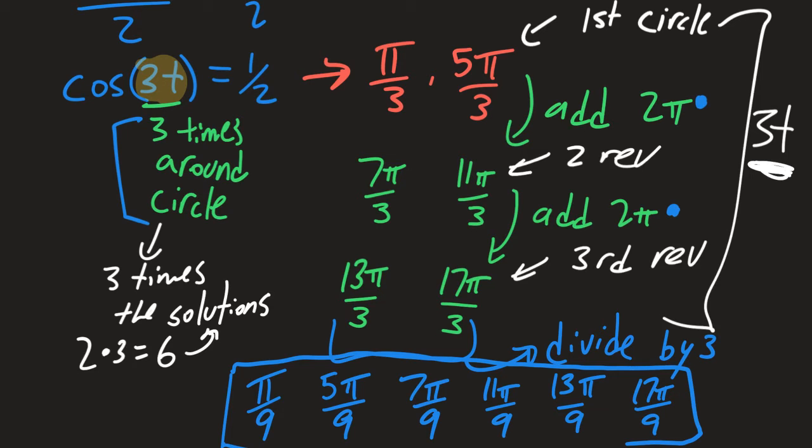All right? Generically, you'll have 2. That 3 triples my number of solutions and gives me 6. Now, don't forget at the end, you have to divide by 3 because this was solving for 3t. And so after that, we'll have 6 different solutions for t, and those are going to be my values.